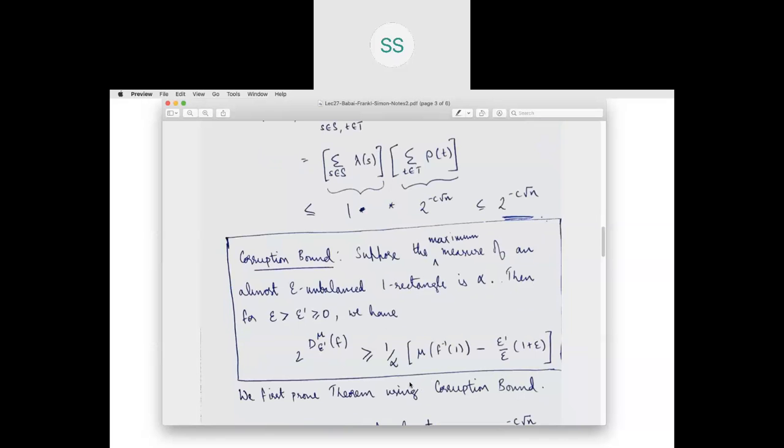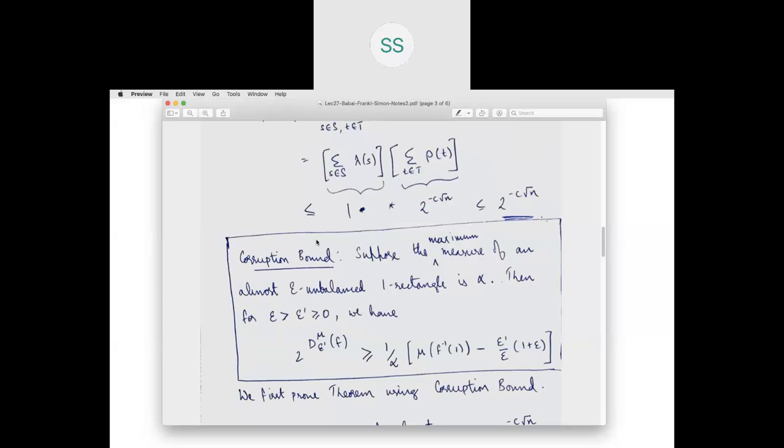Where alpha is the maximum measure of an almost epsilon unbalanced one rectangle. This is the corruption bound.